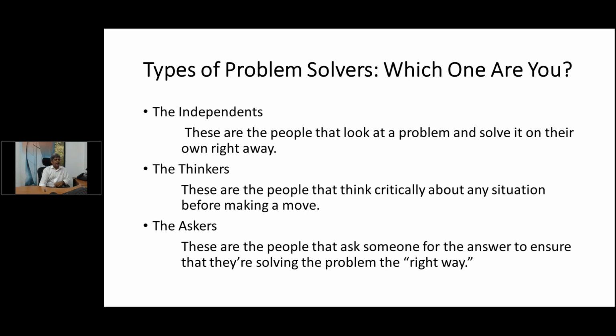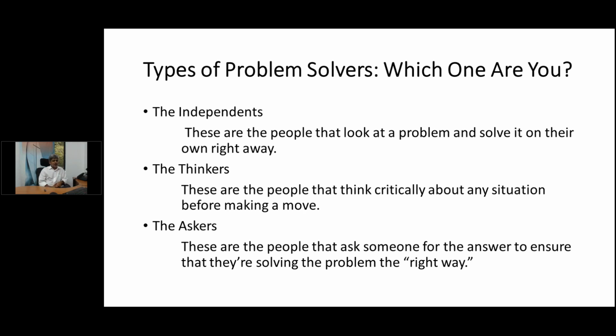One is known as the independents. These are the people that look at a problem and solve it on their own right away. They are creative. They know what the problem is. They know what the causes of their problem are. They use their knowledge and they come up with a solution. That is independent. They don't seek help from anyone else apart from their knowledge.